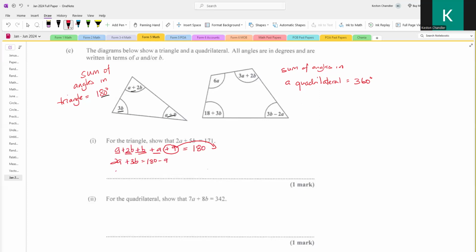So I'm going to get 2a plus 3b, and 180 minus 9 is 171. Did I miss something? Oh, this is a 3b here. My bad. 3b. So we have 5b's here.